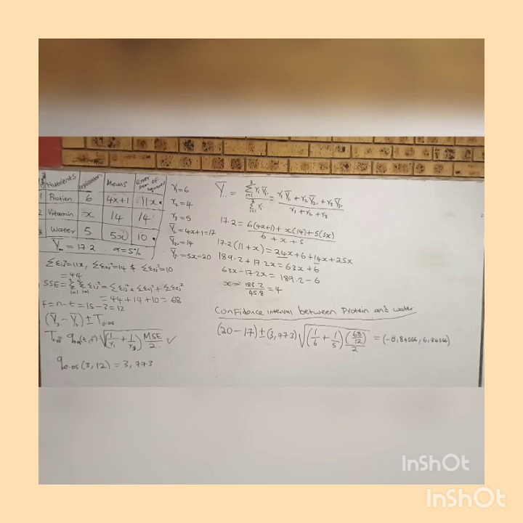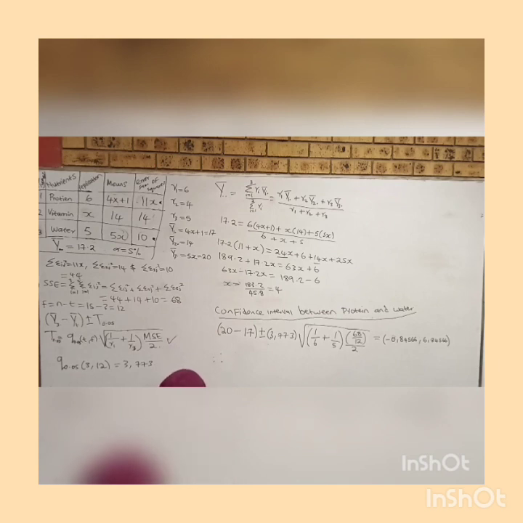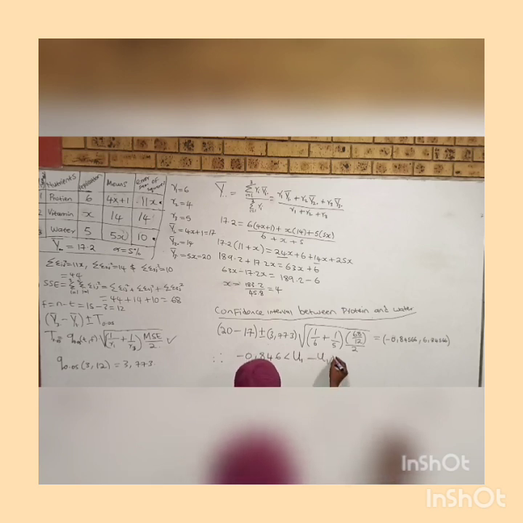Can I repeat? You are going to conclude. So my conclusion, I'll write it this way. Therefore, I'm having negative 0.846, let me round it to 3 decimals, less than mu 3 minus mu 1, less than 6.846.